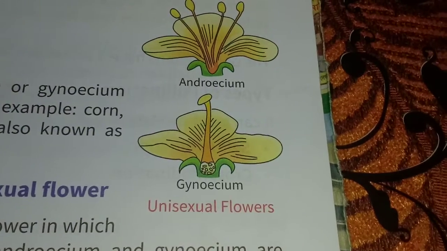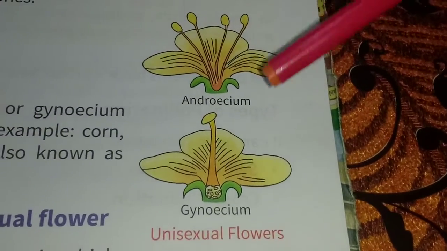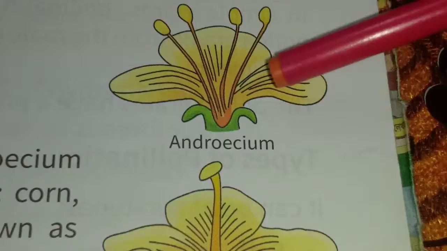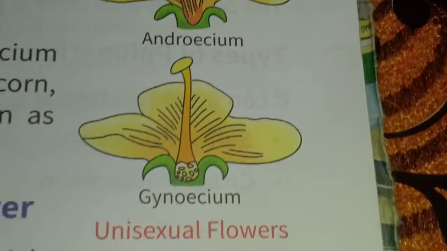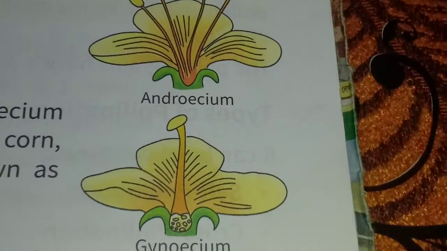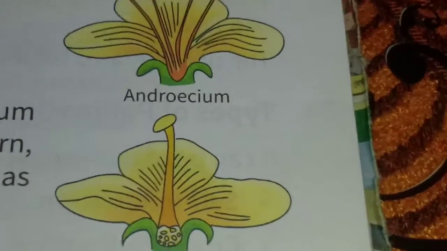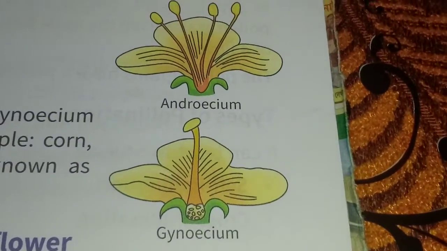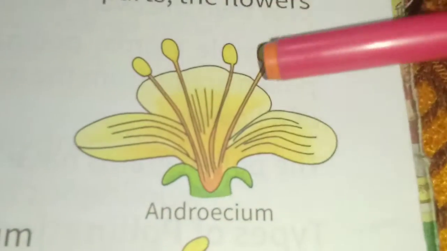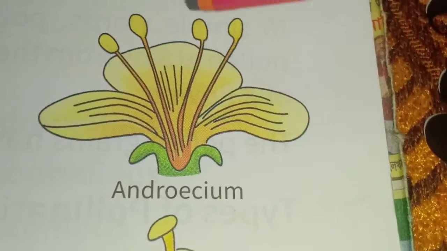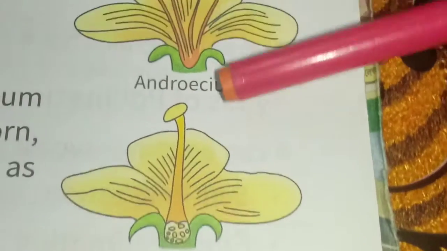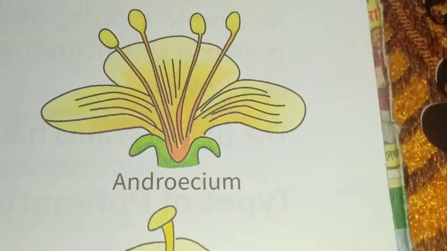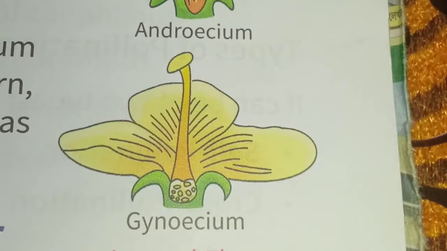You can see unisexual flowers here. In some flowers, only one reproductive organ, male or female, is present. Look at this. In this flower, androecium is present, and in this flower, gynoecium is present. Androecium, the male reproductive part; gynoecium, the female reproductive part.